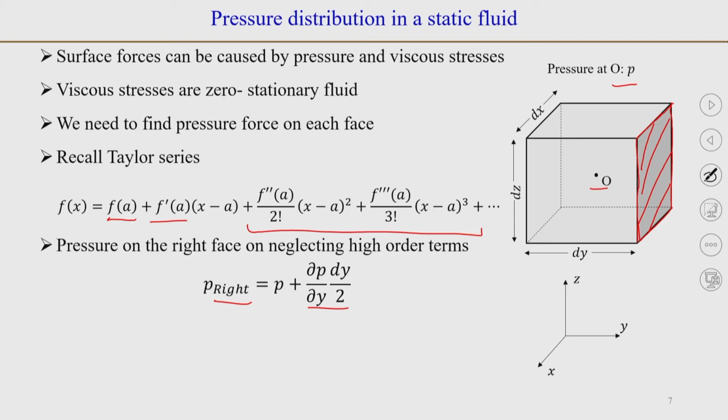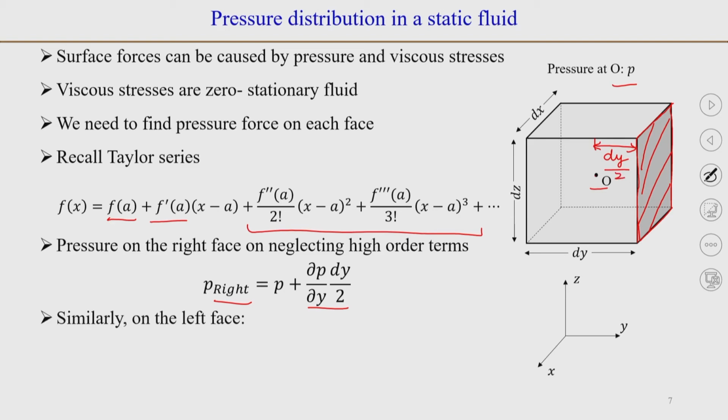So, on this surface we will consider pressure P right is equal to P plus del P over del y, which is the pressure gradient along the y direction, into this distance dy by 2. So, distance from point O to the surface on the right is dy by 2, because O is at the center of this cuboid.